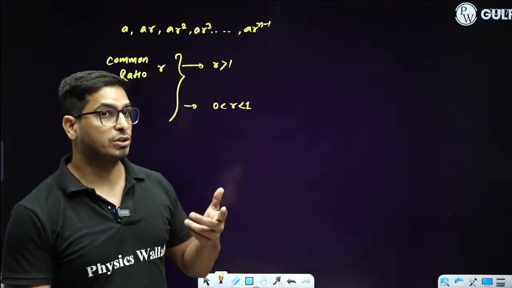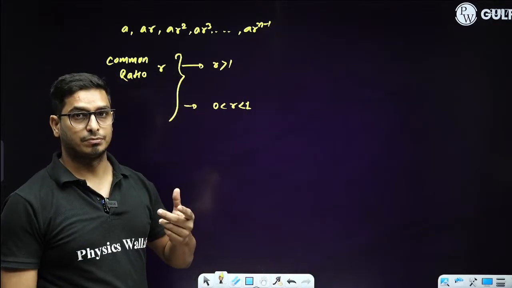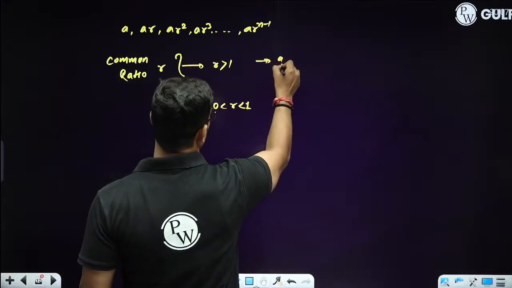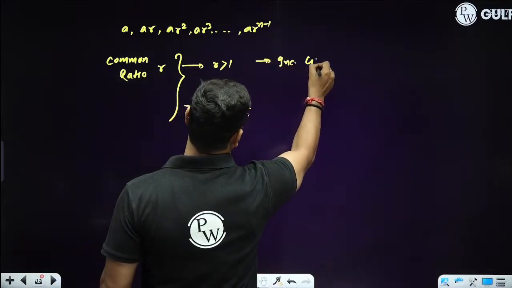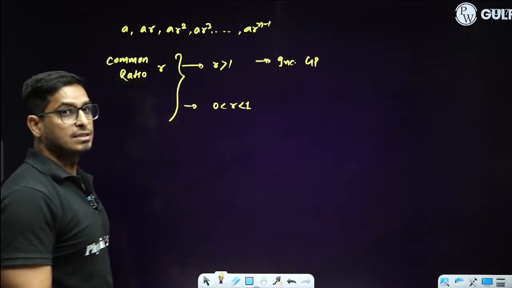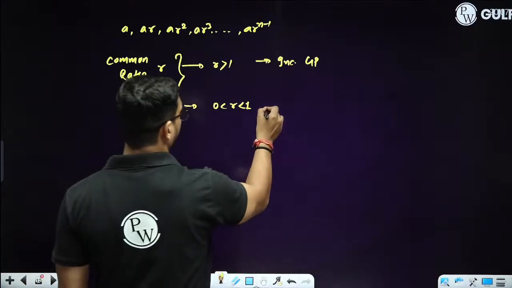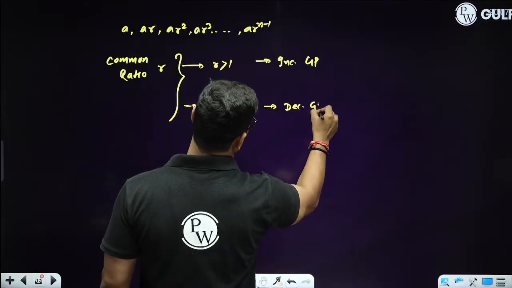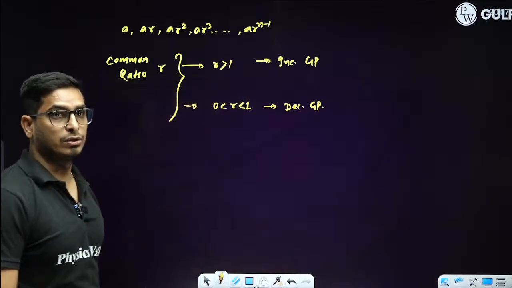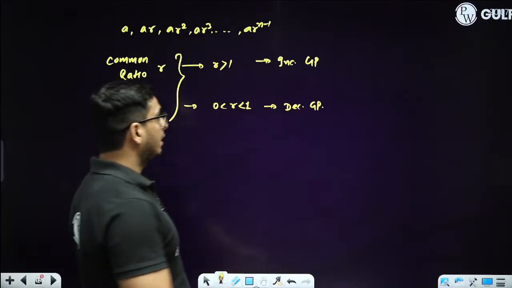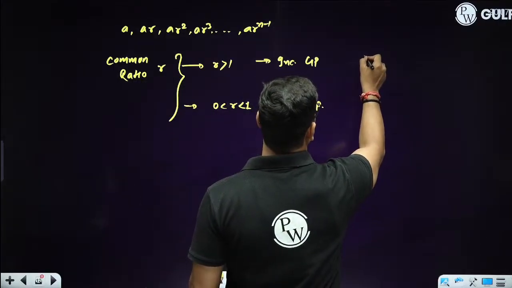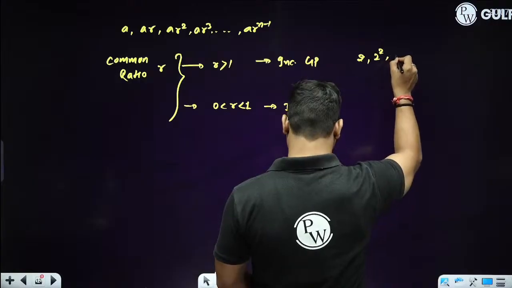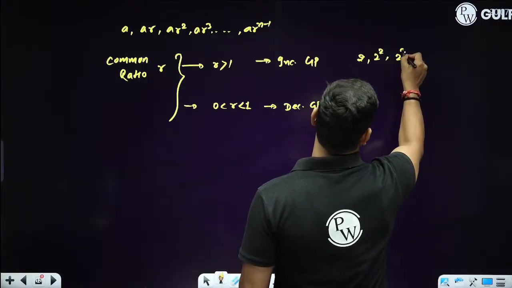If we have R positive, common ratio positive, in this case we say increasing GP, right? Increasing GP. And in this case we will say decreasing GP. Understood?